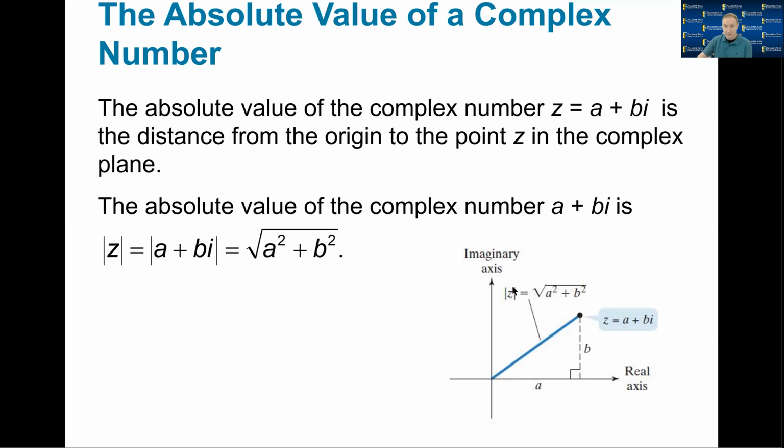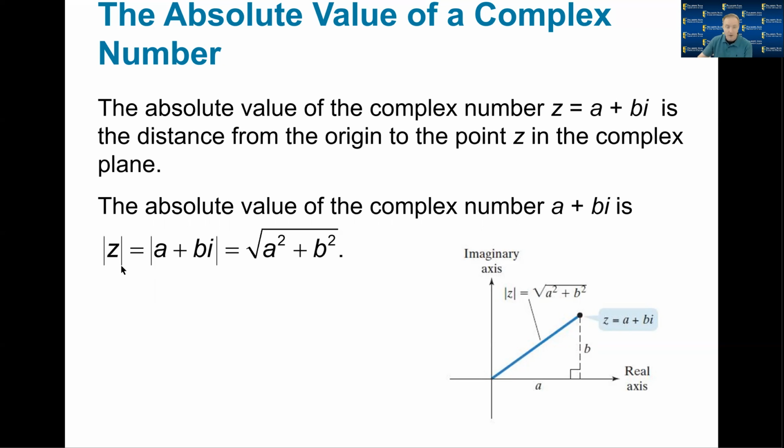So the absolute value of any complex number is just going to be the square root of a squared plus b squared, where a is your real number, and b is the coefficient of your imaginary number in your complex term.